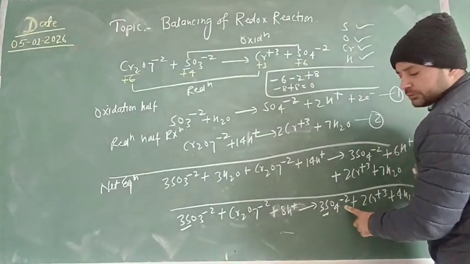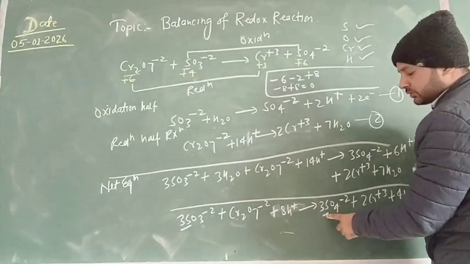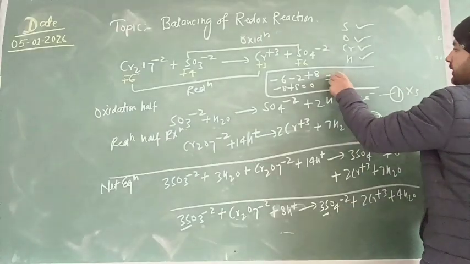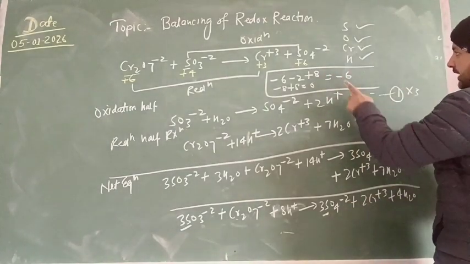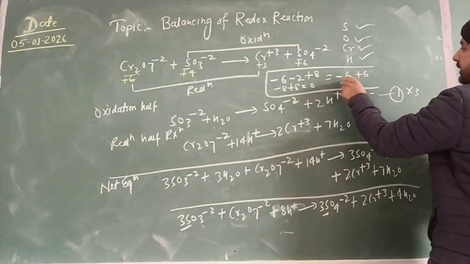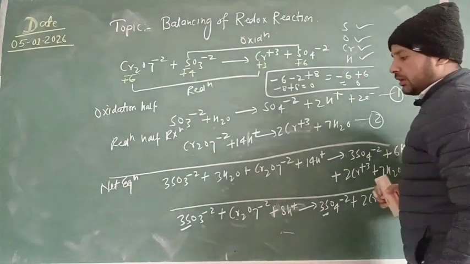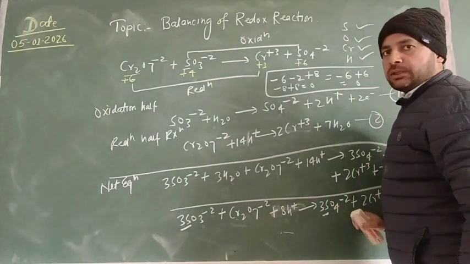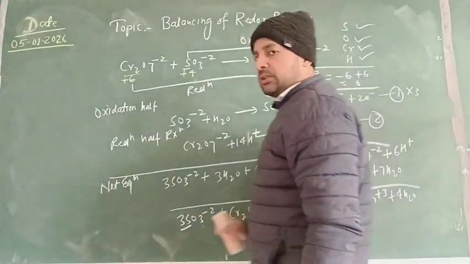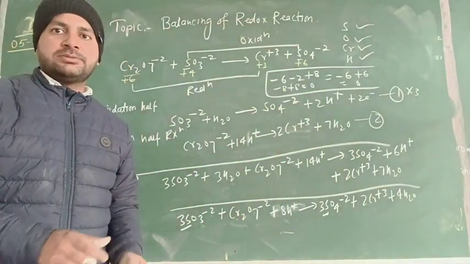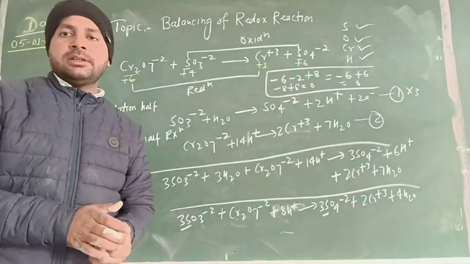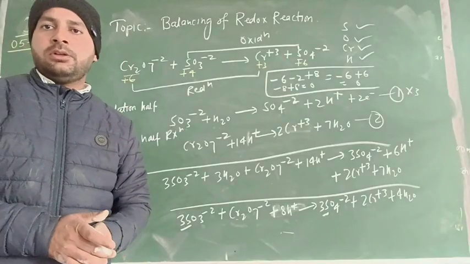SO4 has minus 2 charge. Since there are 3 SO4, 3 twos are 6. Minus 6 over here, and minus 6 plus 6 will give 0. So we can see the number of atoms is equal and charges are also equal on both sides. So in this way we can balance a redox reaction. Thank you for all today's.